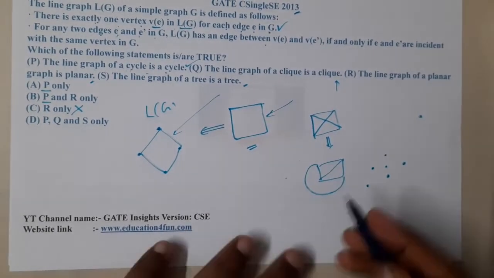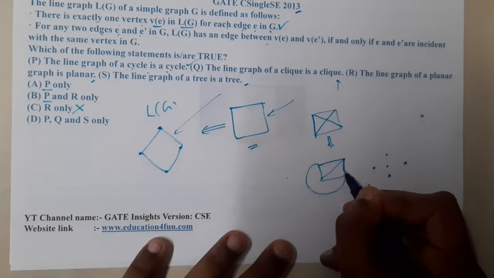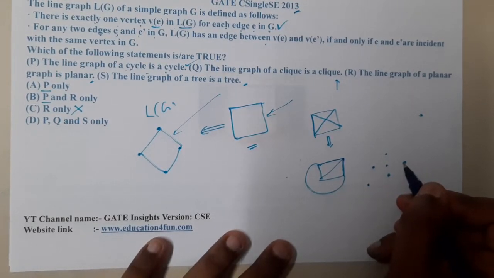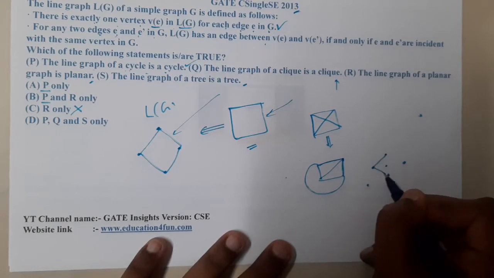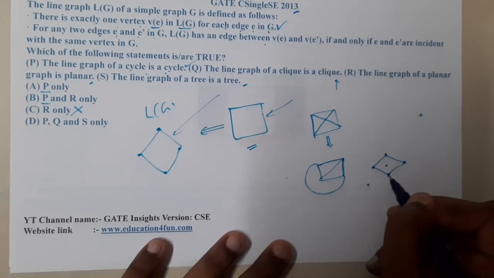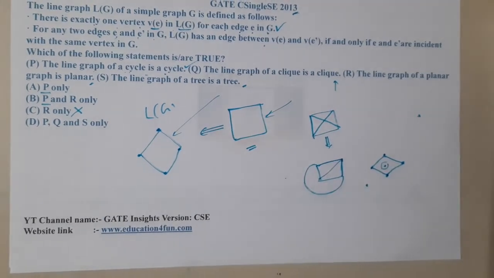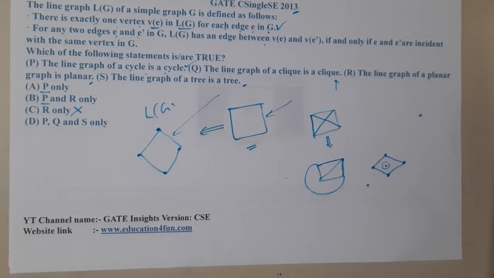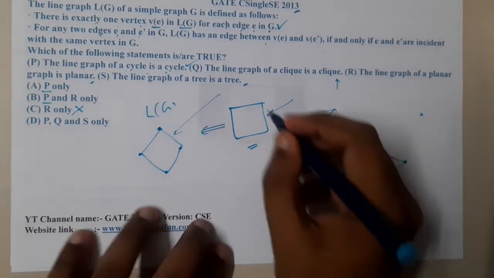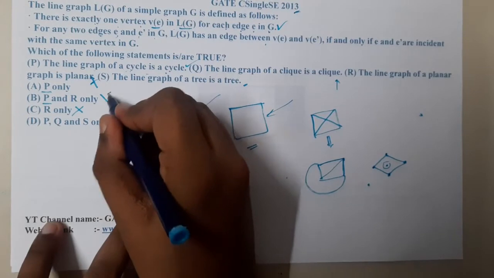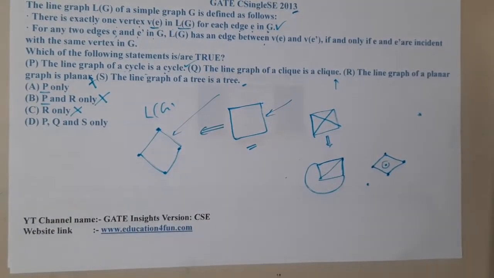There is an edge between these two and these two, so this is a vertex here. Once this is there, this particular vertex has been locked inside. That is the reason why I think we can eliminate option R. If R has been removed, then A and D could be the potential right answers.